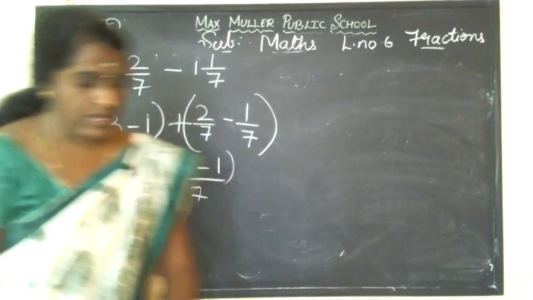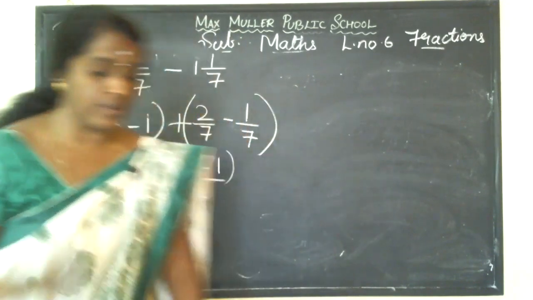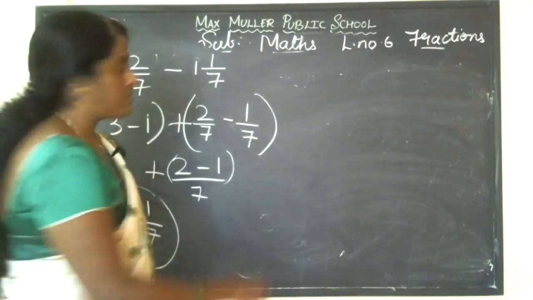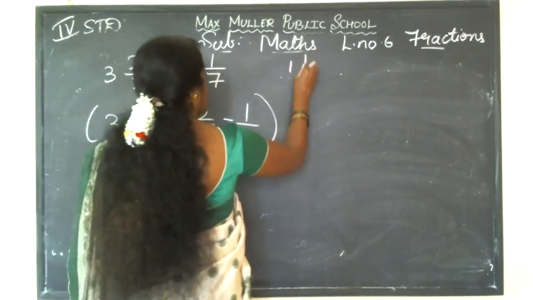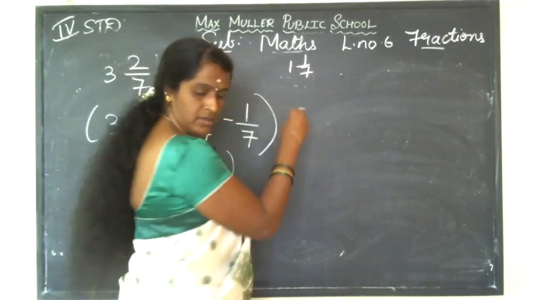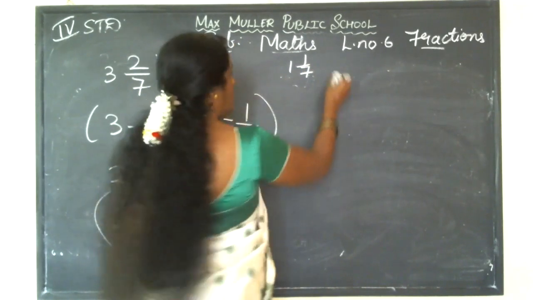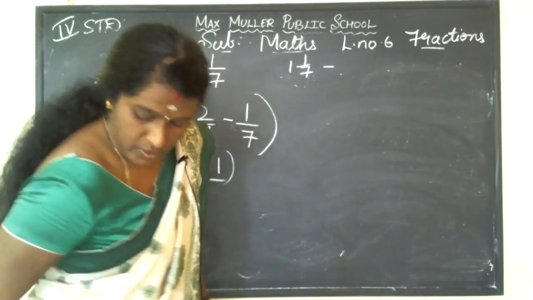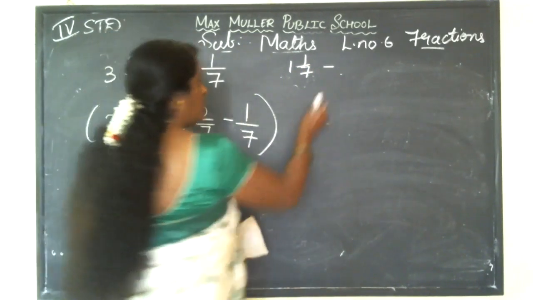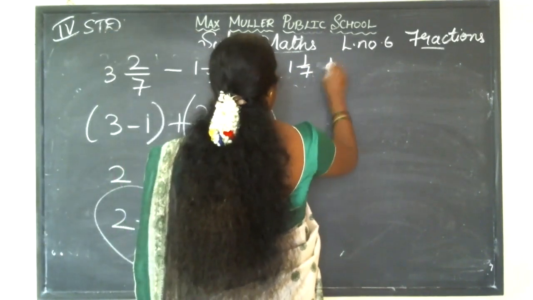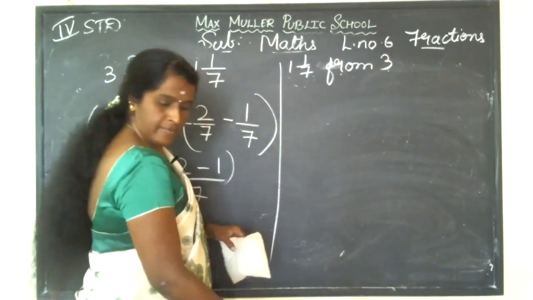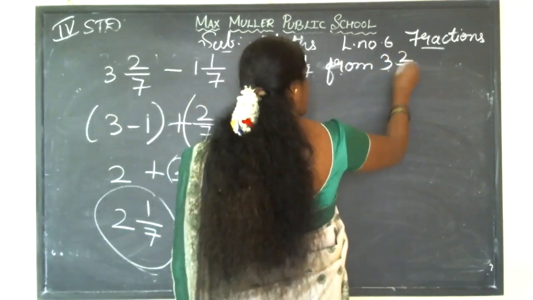Subtraction. Okay, children. This also you can convert mixed fraction into improper fraction, improper fraction to mixed fraction. If it is a small number, we can copy down like this. The question is 1 and 1 by 7 from 3 and 2 by 7.